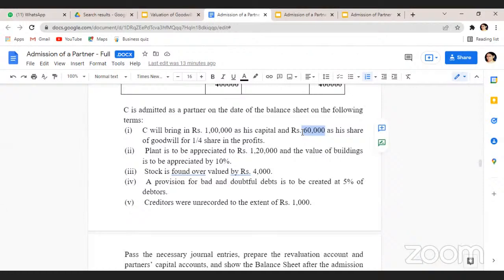They are supposed to sacrifice some share. Just because C has come, A and B are sacrificing some share to C. Instead of eating a full apple, they eat some. If an apple has 4 pieces, they eat 3 pieces and give one piece to C.